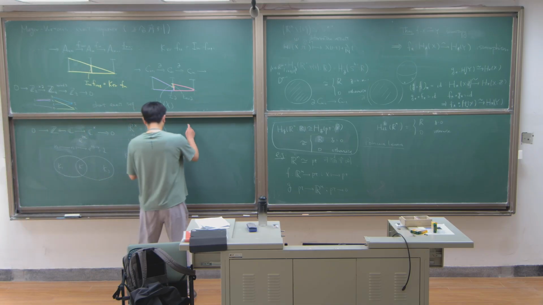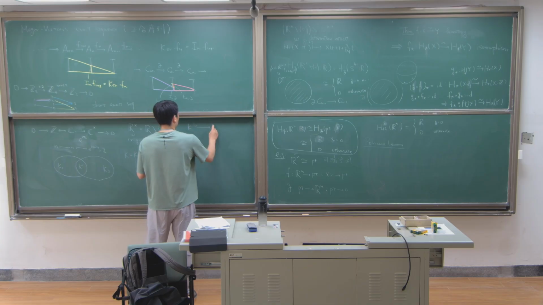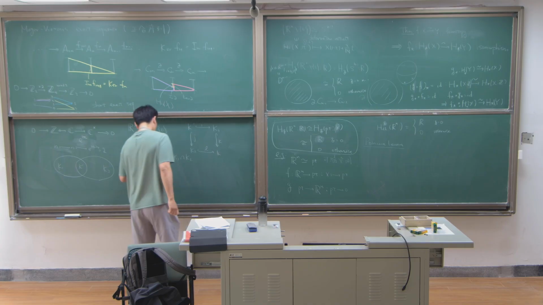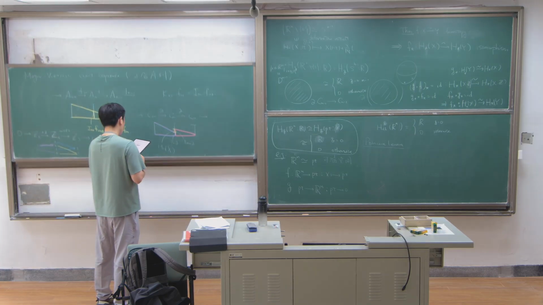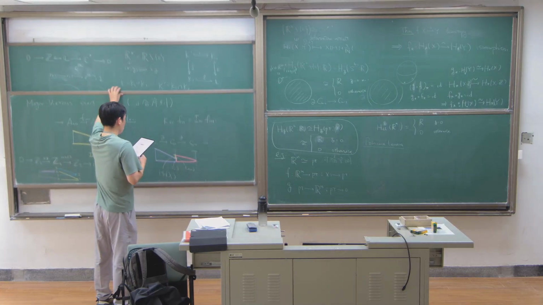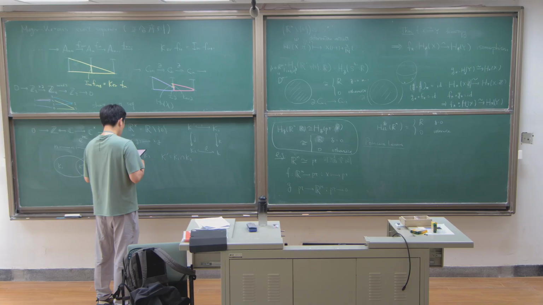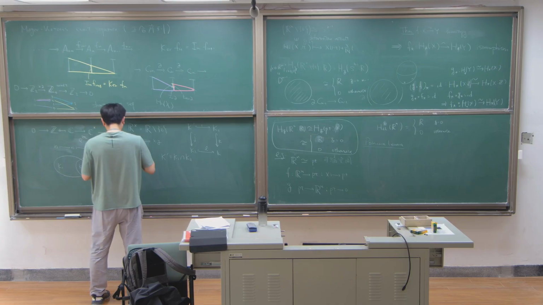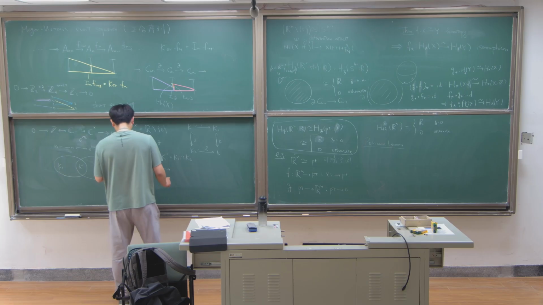Then we just consider the following. This is an inclusion, and this is another inclusion, J, K. And then we just use the map, I call it phi, mapped from H_q(K') to H_q.